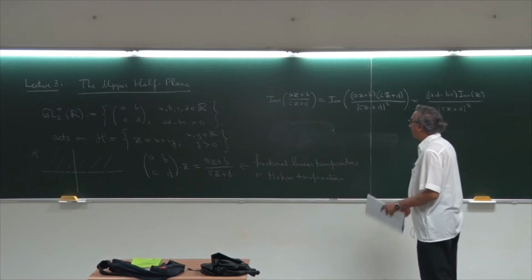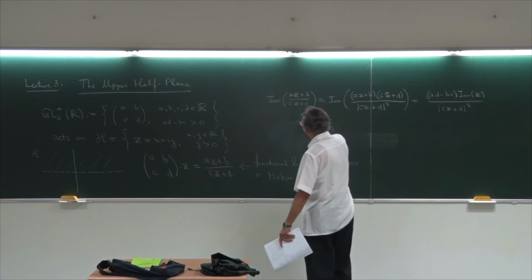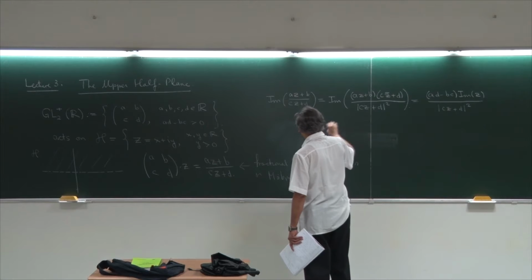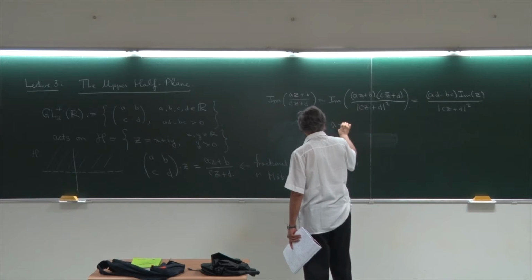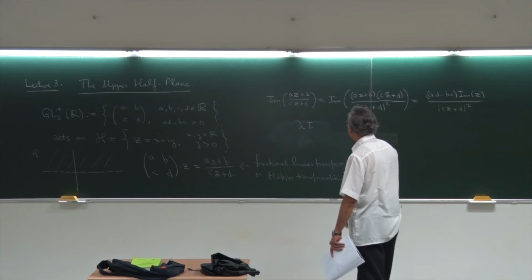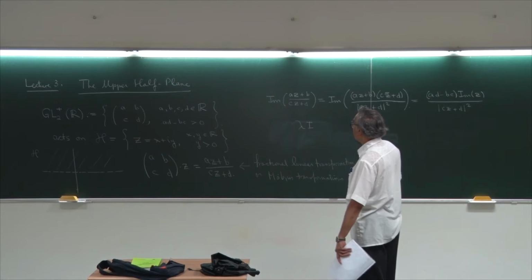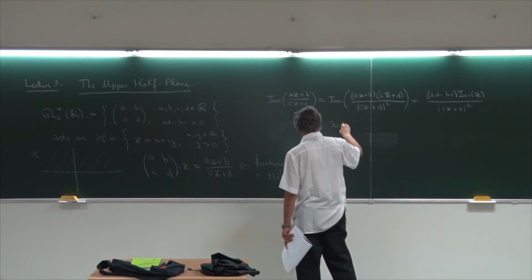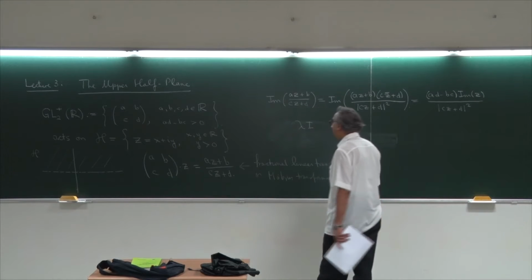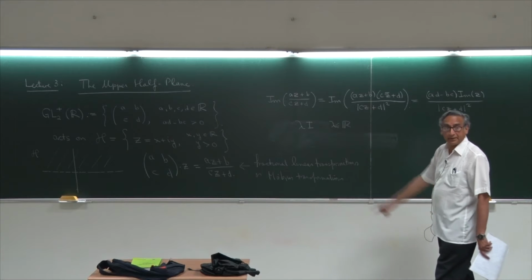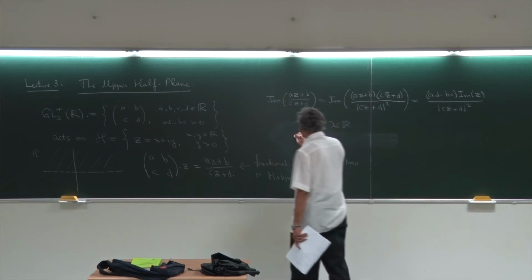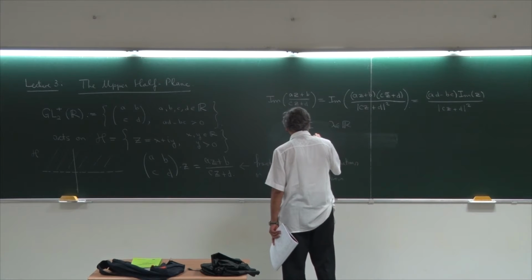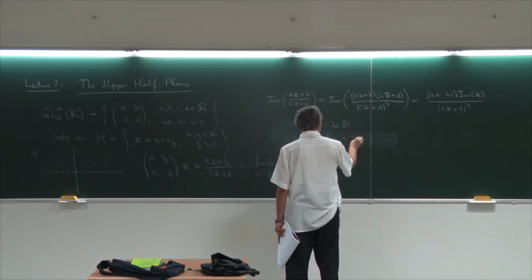Observe that the scalar matrices lambda times I, with lambda a real number, have determinant lambda squared, which is positive. These operate trivially. So these scalar matrices act trivially on H.